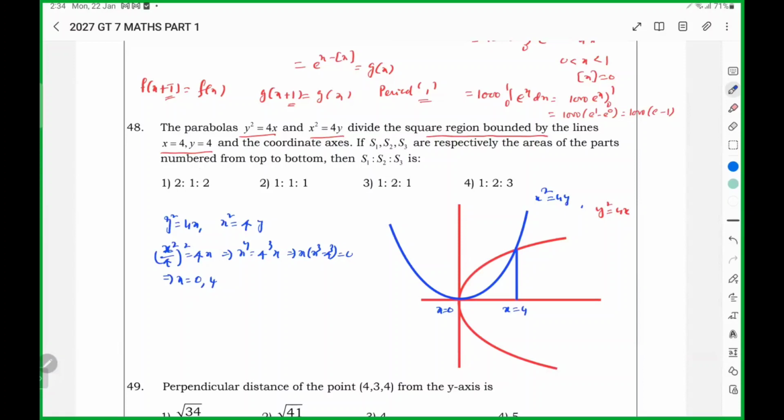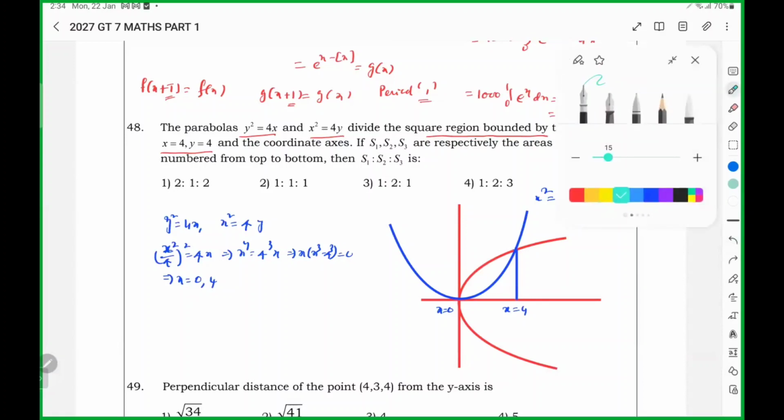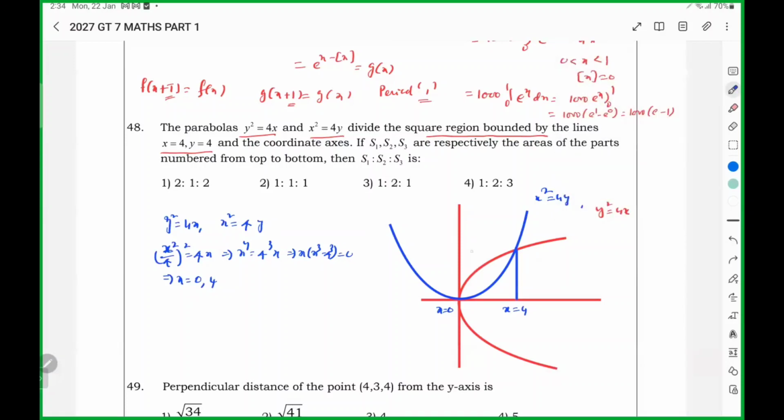So when x is 4, this one is y equal to 4.